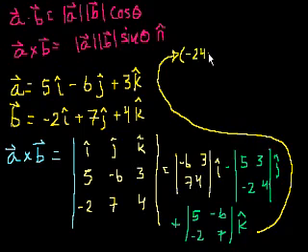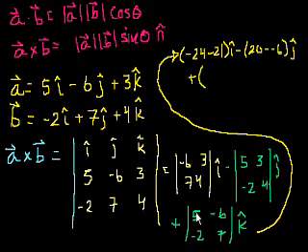Minus 5 times 4 is 20, minus 2 times 3, so minus 6, J. Plus 5 times 7, 35, minus 2 times minus 6, so it's minus positive 12.